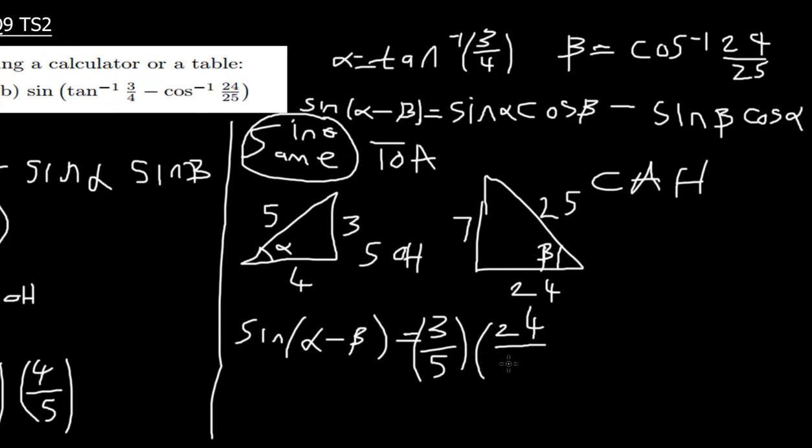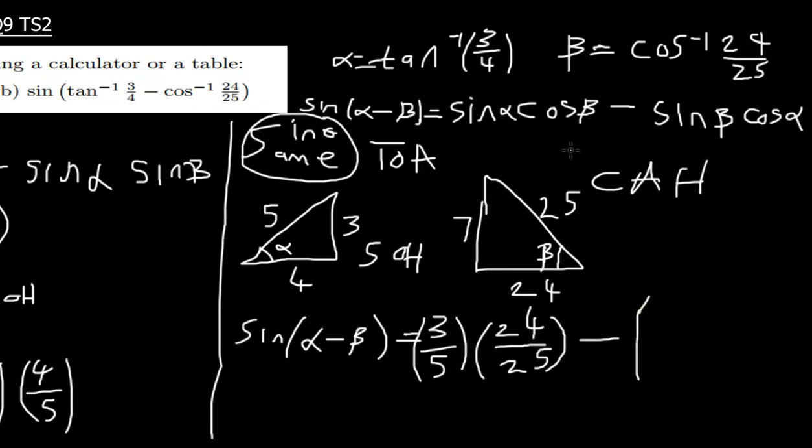My hypotenuse is 25. This is 25, and then I'll write minus there. This minus is the one that I've written here, and then open brackets.